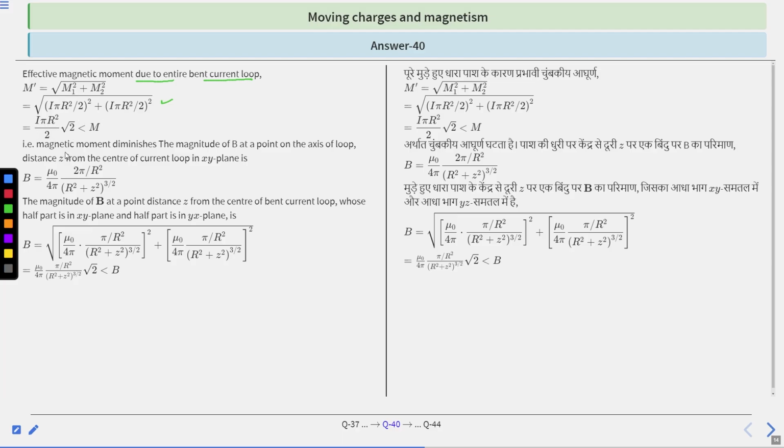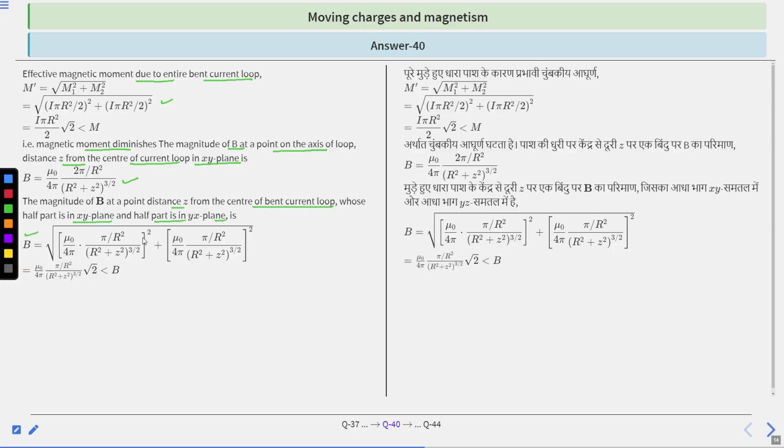So the magnetic moment is less than m. The magnetic field B at a point on the axis of the loop, at distance z from the center of the current loop in the xy plane, is B equal to mu naught by 4 pi times 2 m divided by r square plus z square whole power 3 by 2. The magnitude of B at a point distance z from the center of the bent current loop, whose half part is in the xy plane and half part in the yz plane, is this.